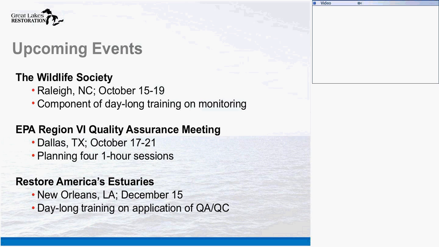It's at the Wildlife Society, on Saturday, the 15th, if any of you are planning to go to the Wildlife Society meeting in Raleigh. The following week, we'll be involved in the quality assurance meeting. It's EPA Region 6, but it is kind of like the national EPA QA meeting that's held each year, and it'll be in Dallas.